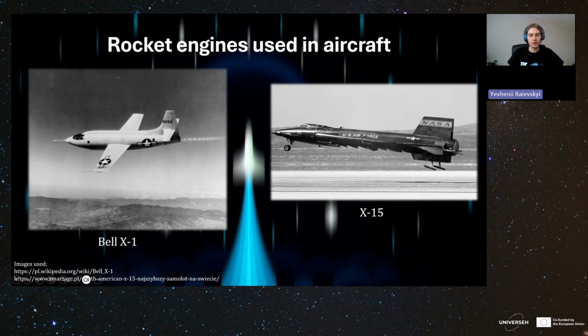As was the first hypersonic aircraft, X-15, which also was powered by a rocket engine. Of course, we know that rocket engines generate a lot of thrust, so the force pushing forward is enormous. So this is exactly why those aircraft were the first ones to break some records historically.